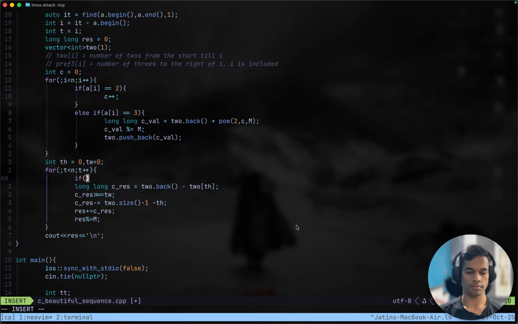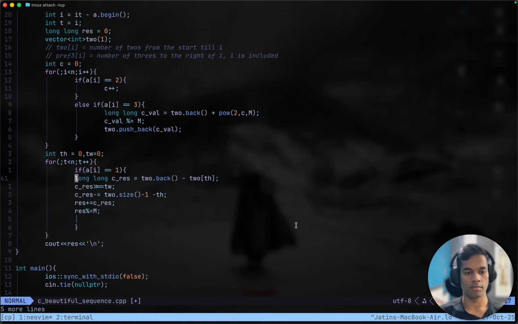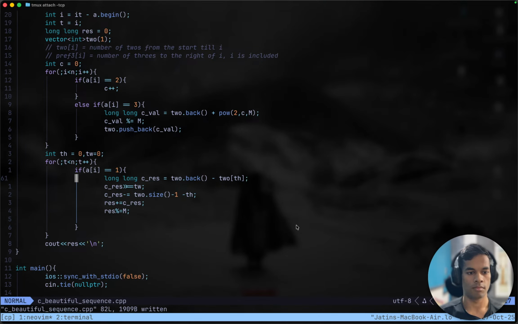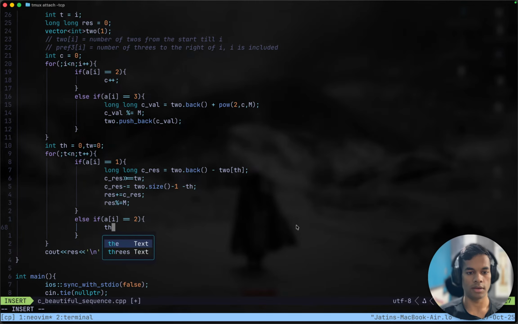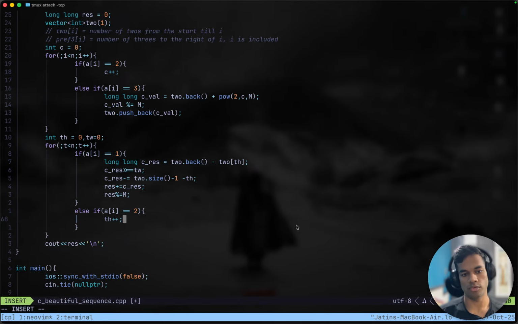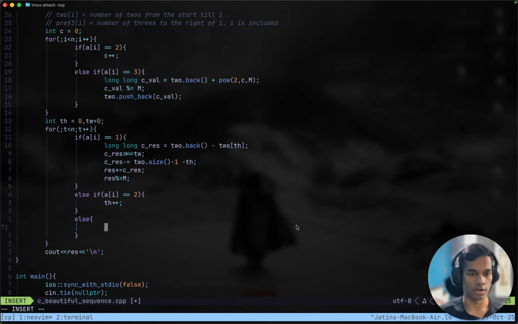If a[i] equals 1, then do all of this shebang, and else if a[i] equals 2, then tw plus plus, increase the number of 2s, and else there is only one possibility, that the current one is a 3. th means threes and 2 is represented by tw.